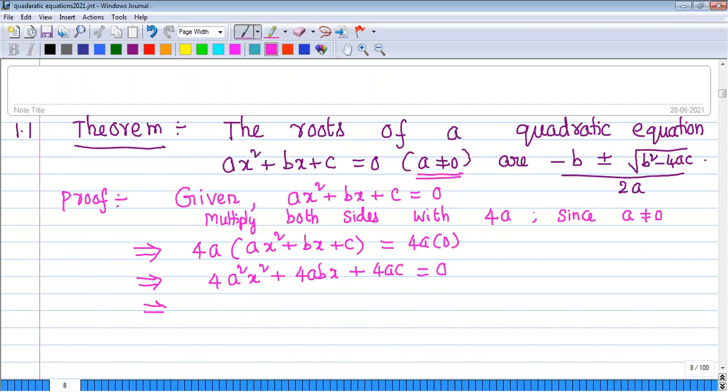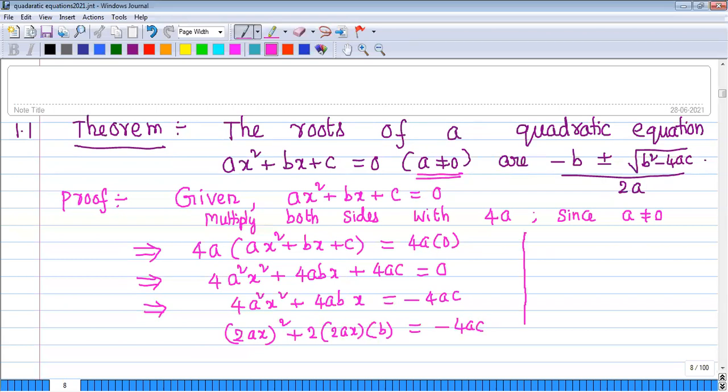So we get 4a square x square plus 4abx equal to negative 4ac. This 4a square x square we can write as 2ax whole square, plus this we can write 2 times 2ax, this is 4ax, into b, equal to minus 4ac.